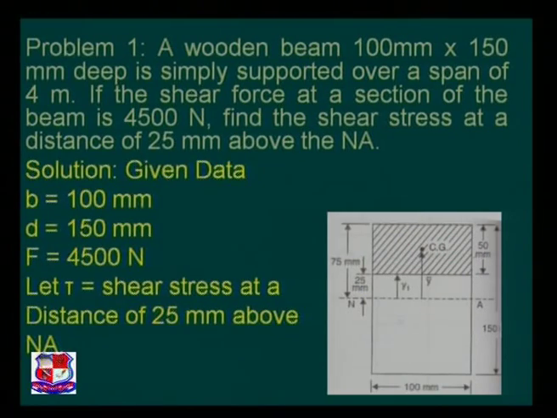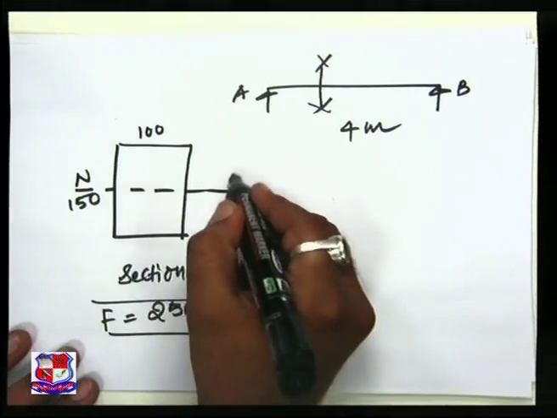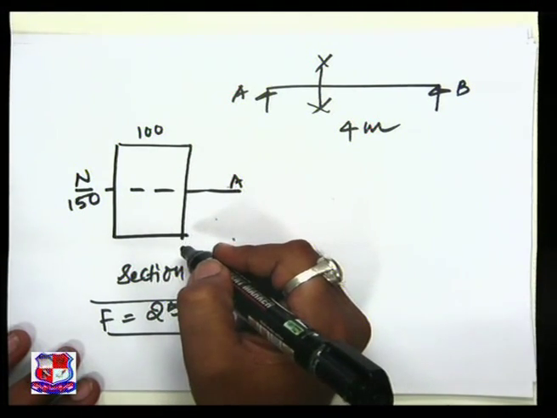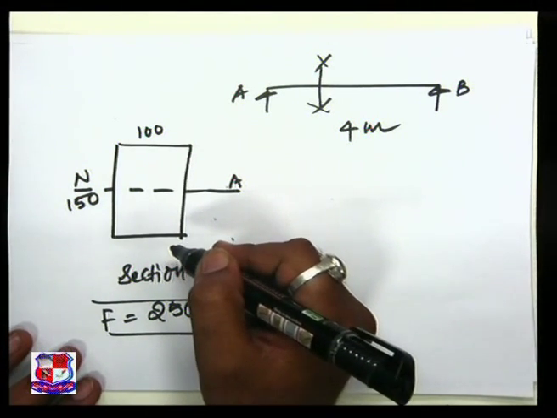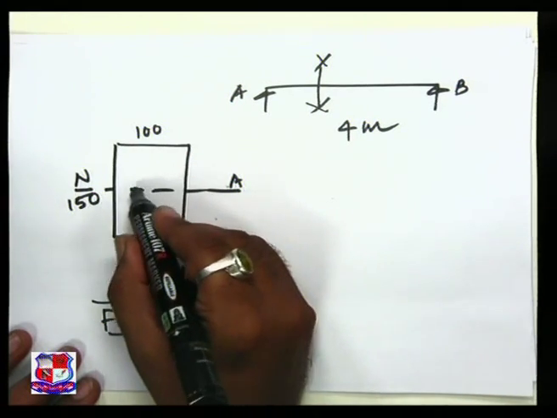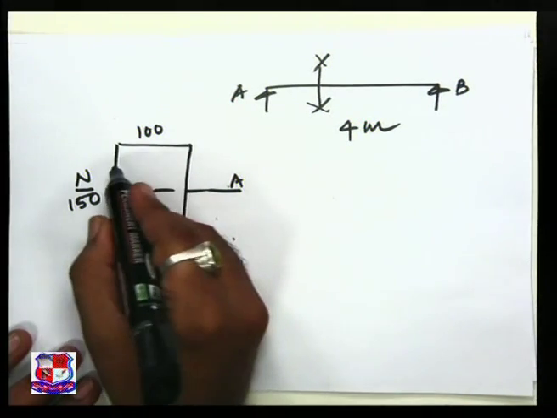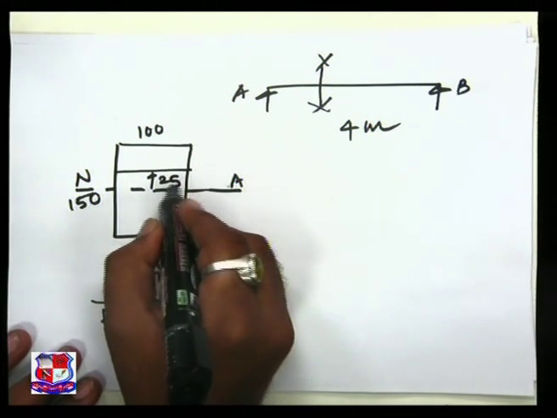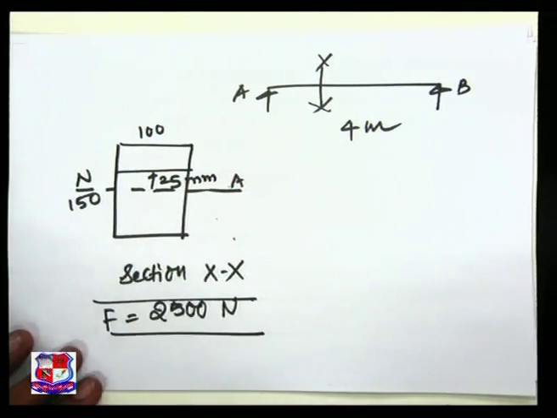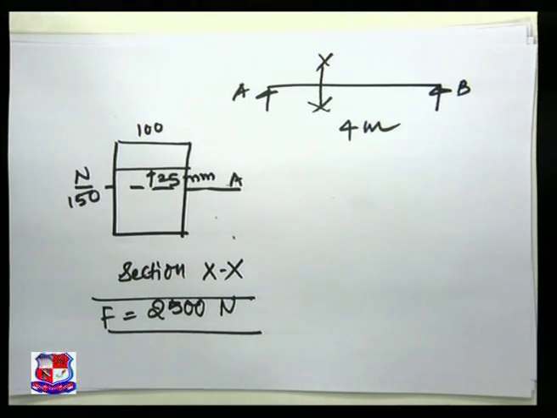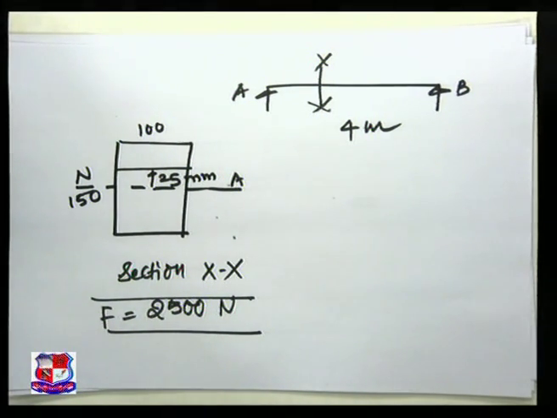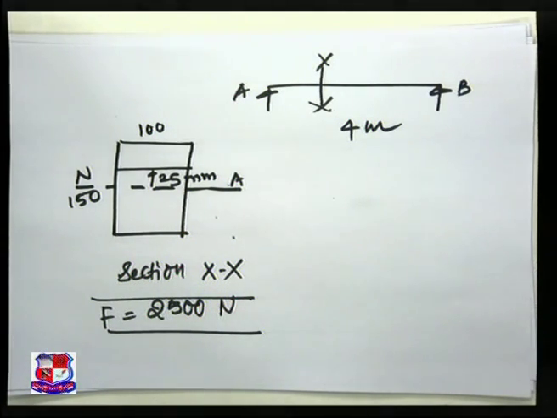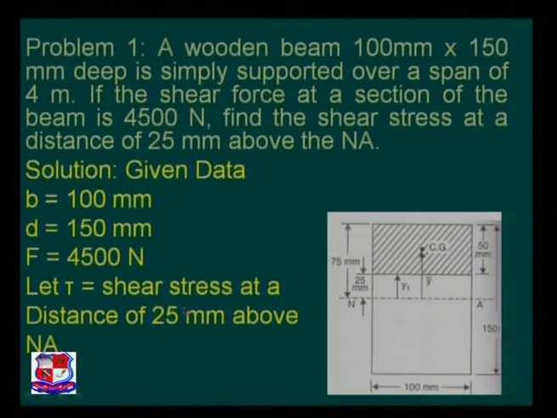This will be your neutral axis, and obviously the given section is a rectangle. We know that the centroid is at the CG, so the neutral axis is known to us, and our intention is to find the value of shear stress at this distance of 25 mm, that is, tau, the shear stress at a distance of 25 mm above the neutral axis.